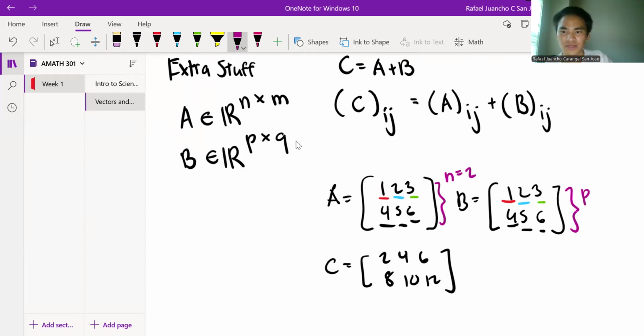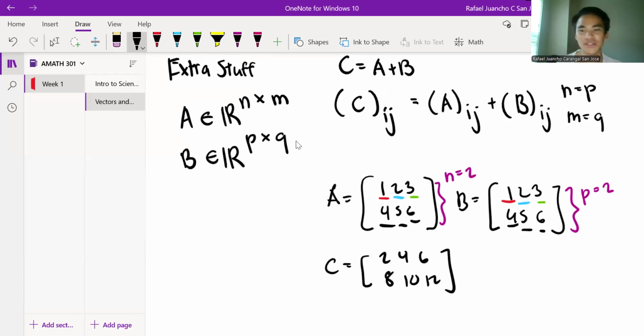And let's say this is p, this is 2. This works, right? So basically the idea is n should be equal to p and m should be equal to q.